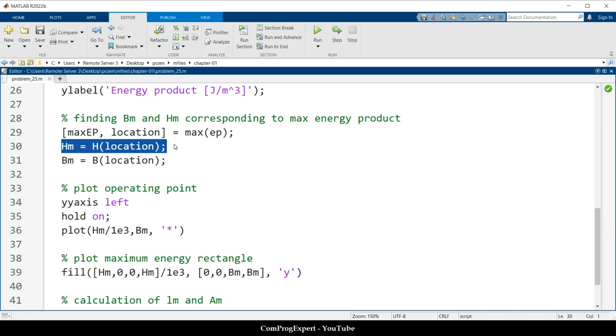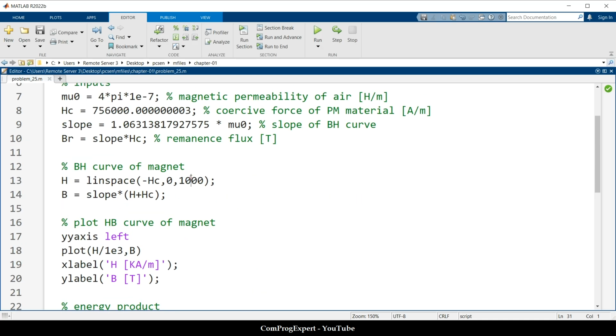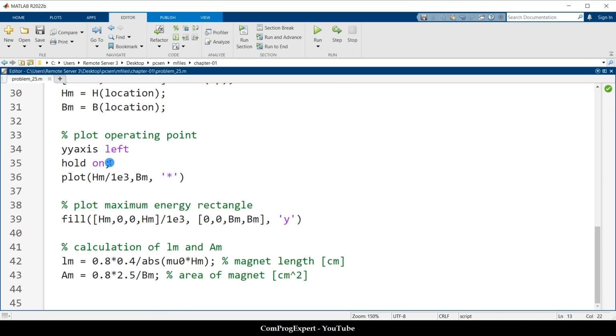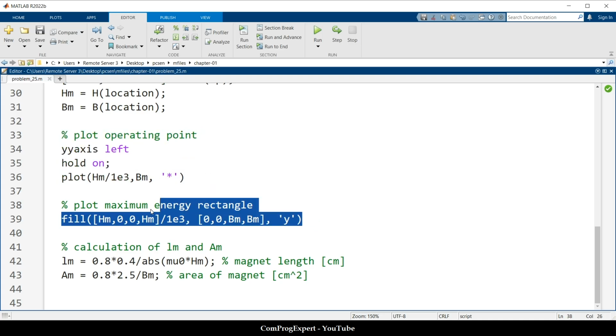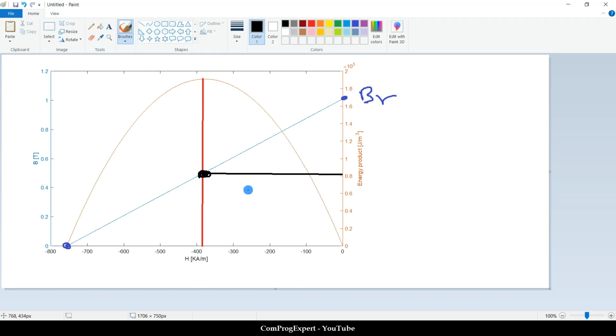This is the HM and this is the BM. We considered 1000 points. That is enough. So then we can plot the operating point and use the fill function to plot a rectangle, to highlight the maximum energy product area.